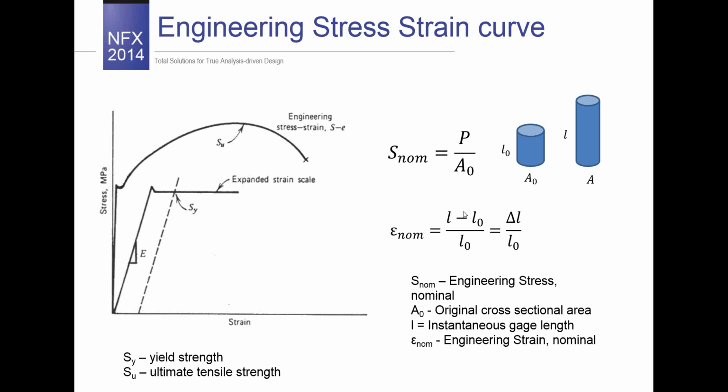What is important for this curve is that the values of stress are provided according to the original cross-sectional area. So this is the basic formula to describe the nominal stress, and this value is provided with regard to the original cross-section. So this is an important thing.